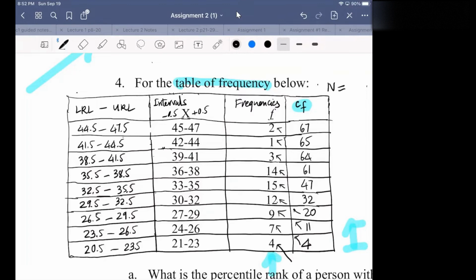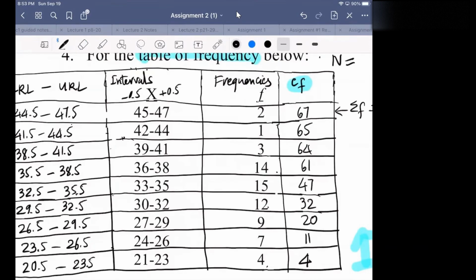How do we know if these are correct? We can double check it. The last cumulative frequency here should be the same as the sum of the frequencies. So let's find the sum of the frequencies.